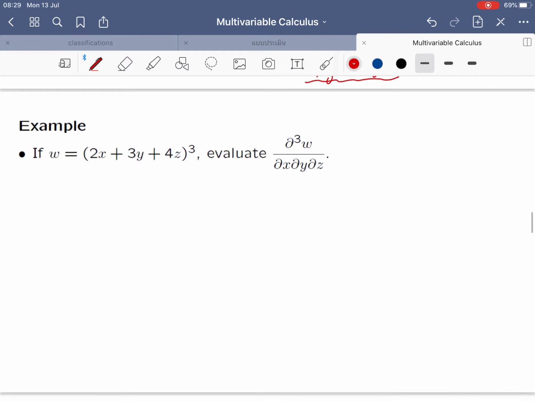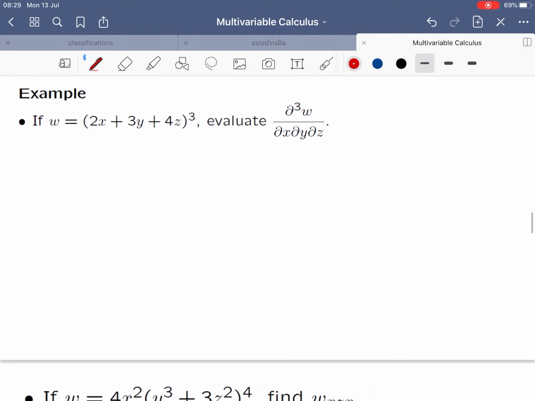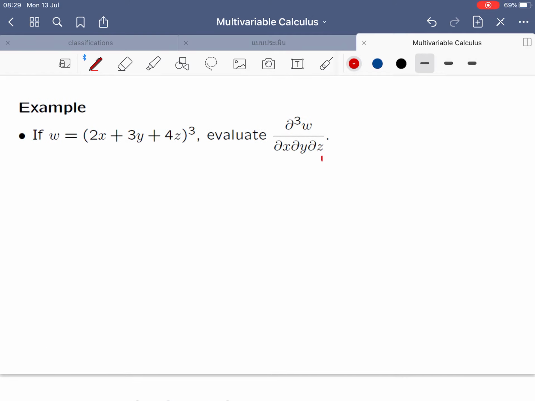How about this one? This one is already in terms of this notation. So what does this mean? It means that you start from the right and then go backward like this. So the first one that you need to find is the derivative of w with respect to variable z. So it is 3 times (2x plus 3y plus 4z) raised to the power 2.